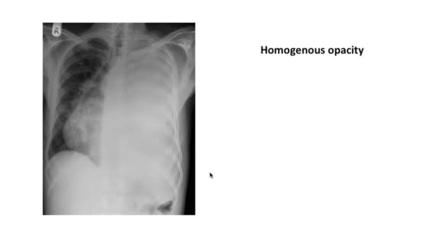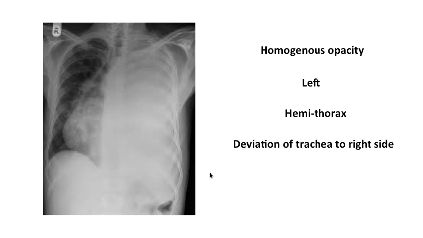No, it's occupying the complete left hemithorax, and there is a deviation of the trachea to the right side. So if you describe this X-ray, this is a chest X-ray showing homogeneous opacity on the left hemithorax with deviation of the trachea to the right side. Most likely this is because of pleural effusion, which is left-sided pleural effusion. Good.